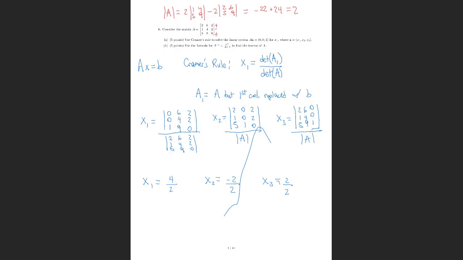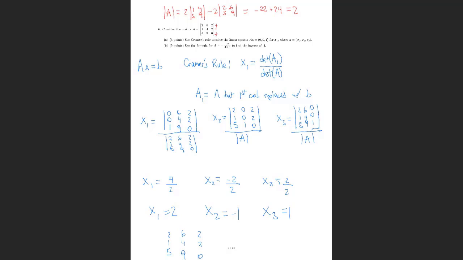All right, so then the solution would have been X1 is 2, X2 is negative 1, and X3 is positive 1. And then you can double check to make sure that that was correct.